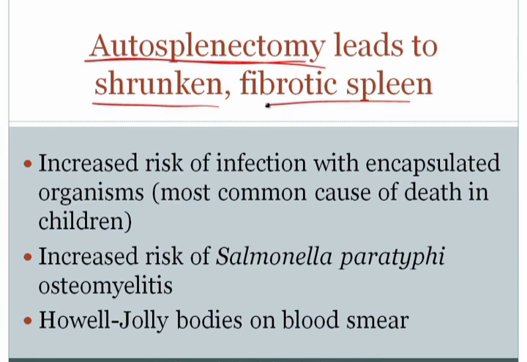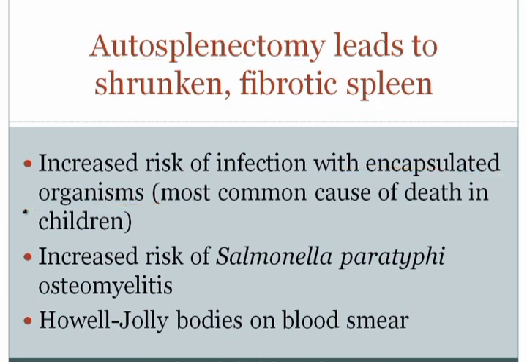Number one, if the spleen is no longer present, the primary source of antibody production, which is the spleen, is lost, and there's going to be an increased risk of infection with encapsulated organisms, for example, H. flu, strep pneumo, and this is very important because it's the most common cause of death in children with sickle cell disease. So it's very important to vaccinate these kids against the bugs that they're most likely to be infected with. That's one complication of autosplenectomy.